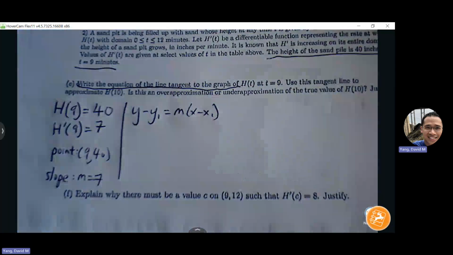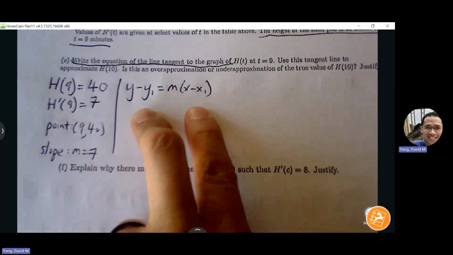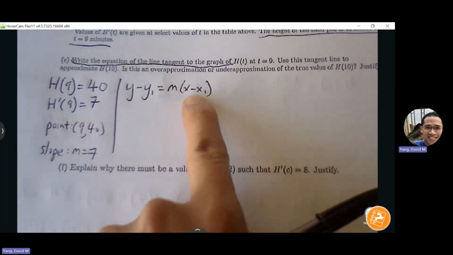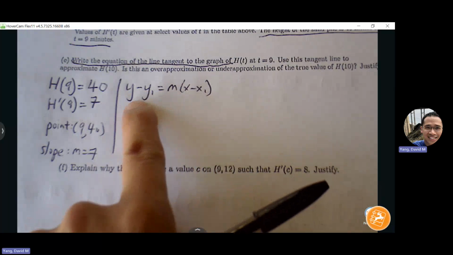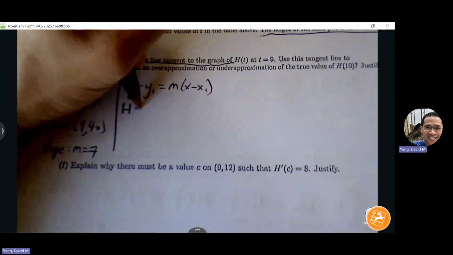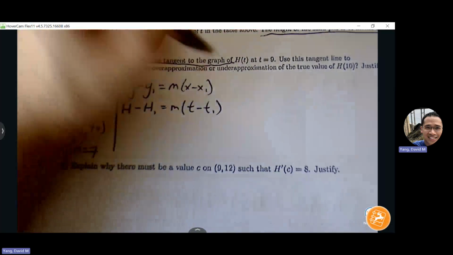Now typically in point slope form, we say y minus y1 equals m times x minus x1. I just want to adapt this to the variables that we're working with. So instead of x and y, what variables are in play here? Yeah, so x, we're going to replace with t, and then for y, we'll put h. So I'm making the exact same equation, I just want to match it with the variable that the problem is using.